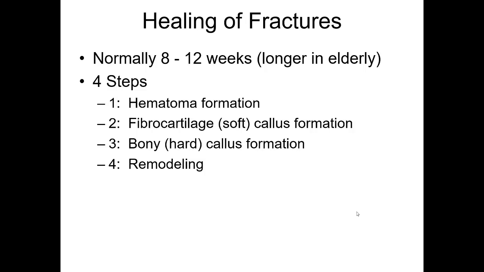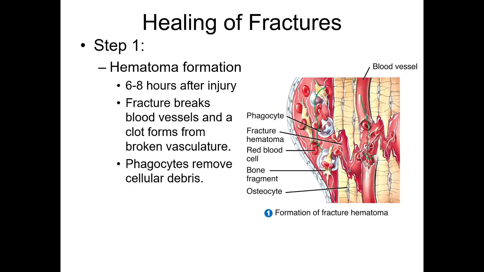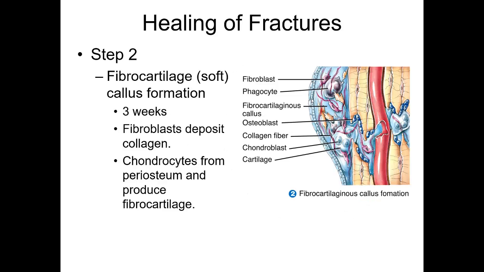So you see over here that the blood vessels have broken underneath the surface of the skin, and the blood has pooled right here from the broken vasculature. So phagocytes remove all the cellular debris right here, and a bruise forms.